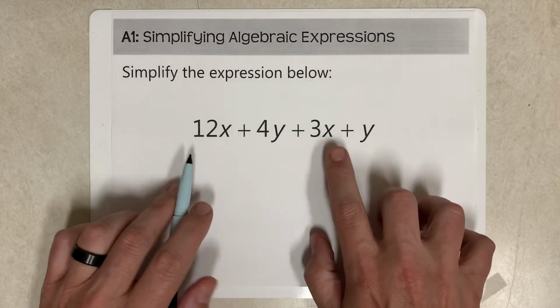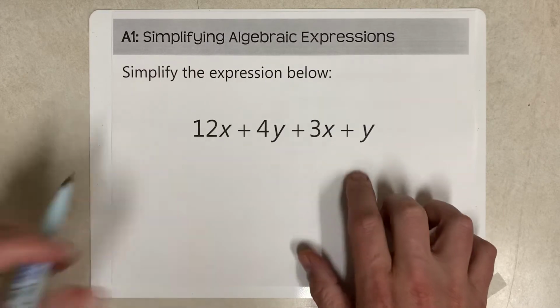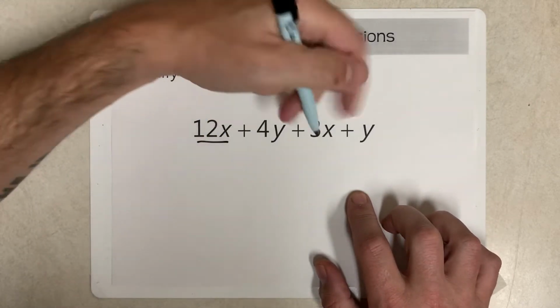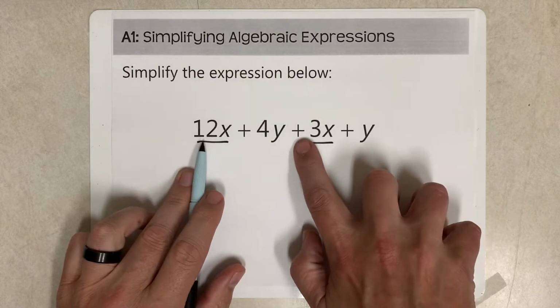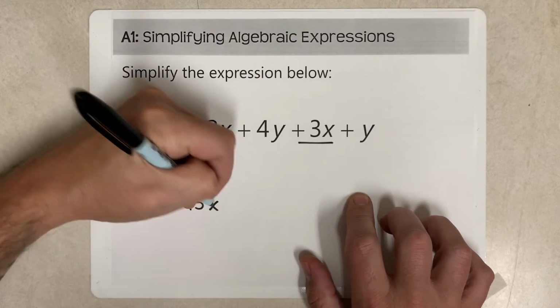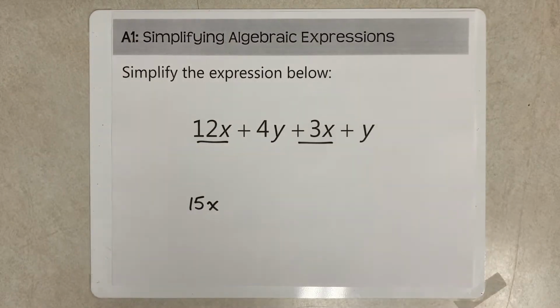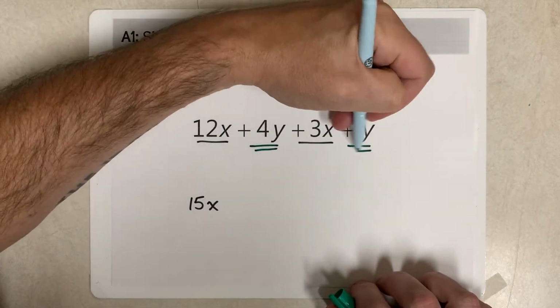And like terms have the same exact variables with the same exponents in those variables. So we have a 12x and another 3x, because that's positive, makes a total of 15x. Then we have a positive 4y and a positive 1y.